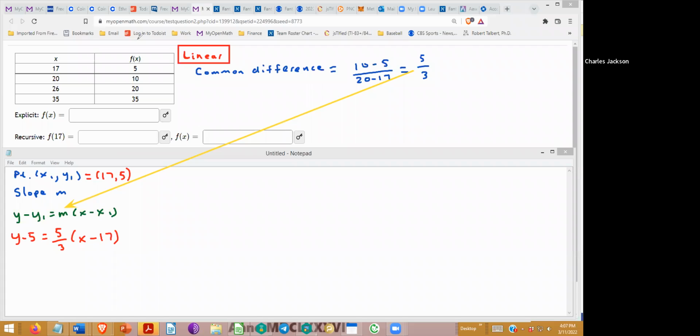Most people would be fine with just adding 5 to both sides of this.